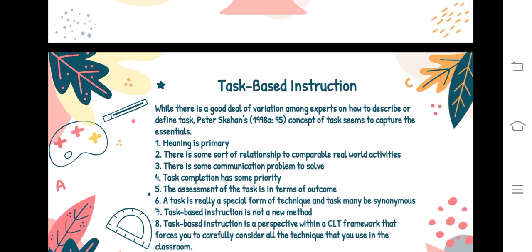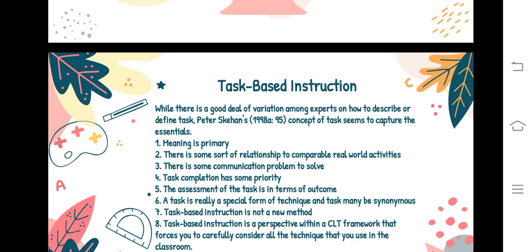The last point of this present and informed approach is task-based instruction. While there is a good deal of variation among experts on how to describe or define task, Peter Skehan's 1998 concept of task, page 65, seems to capture the essentials.